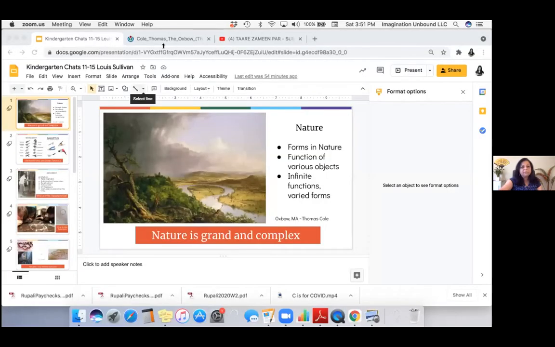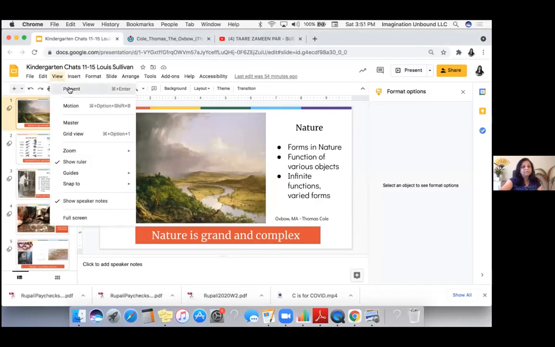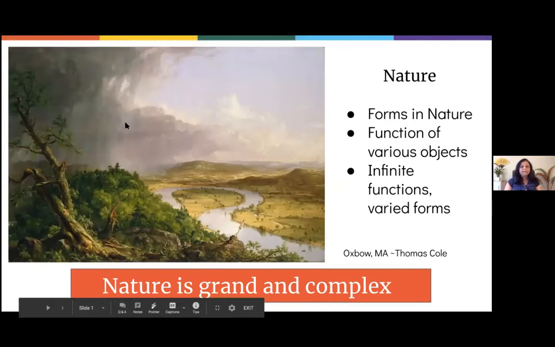So I want to share with you that he was highly influenced, and we've talked about this, by Emerson's writing and Walt Whitman and of that time. And there's also a movement called the Hudson River School. I want to share this painting with you by Thomas Cole, called the Oxbow.